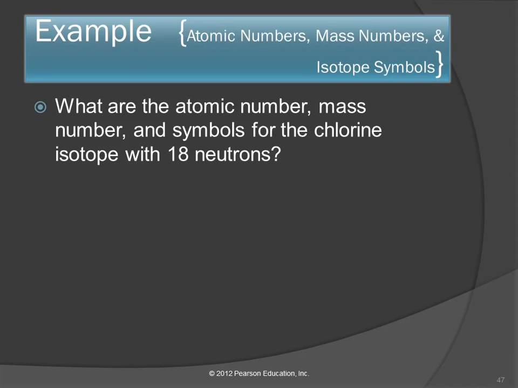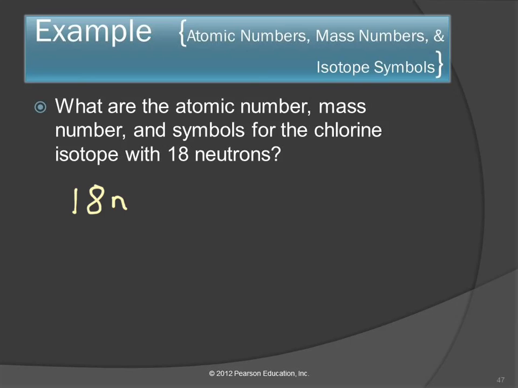Okay, so let's do an example. What are the atomic number, the mass number, and the symbols for the chlorine isotope with 18 neutrons? Well, they're telling us that it has 18 neutrons, and this is chlorine, so we can find out how many protons it has from the periodic table.